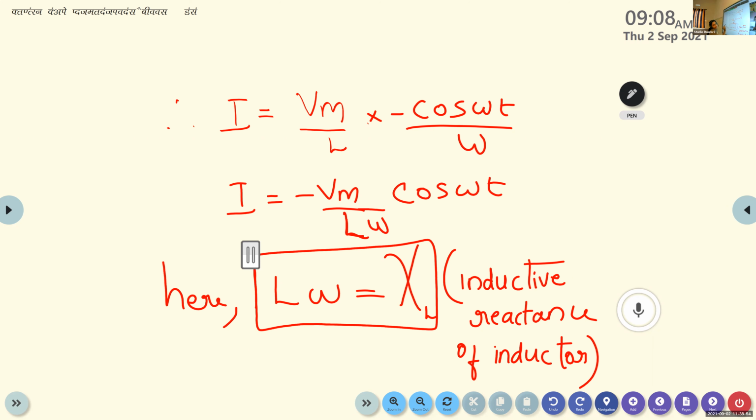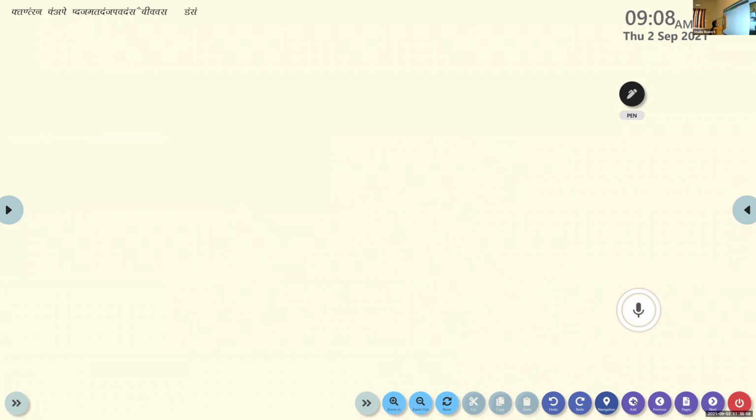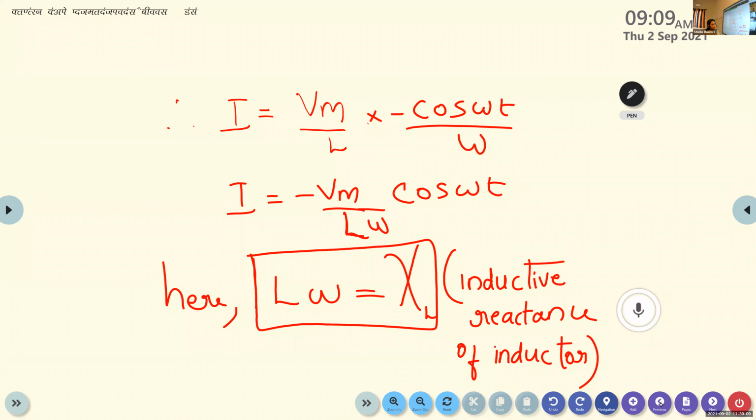Then the expression for current becomes I is equal to minus Vm divided by, instead of Lω, here we can substitute XL, because Lω is equal to XL.